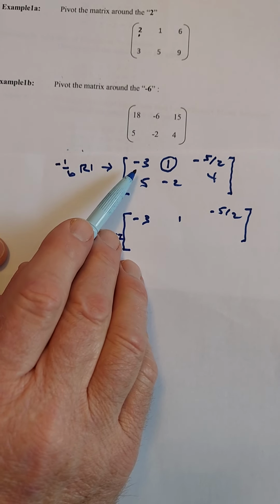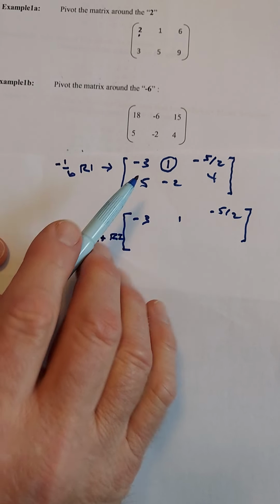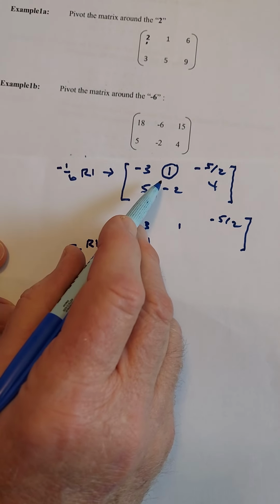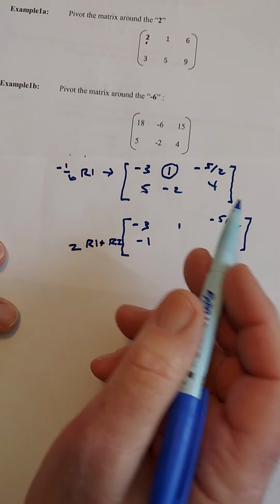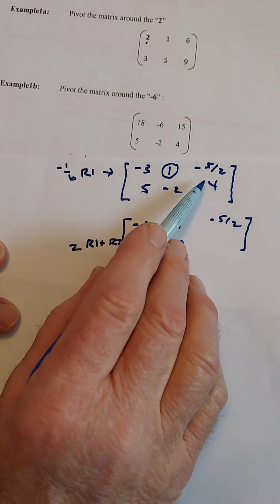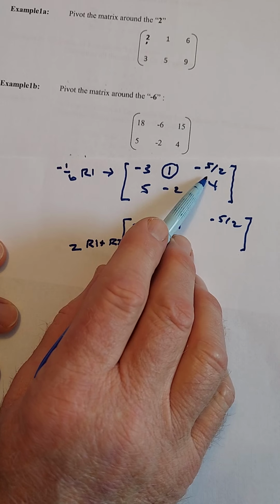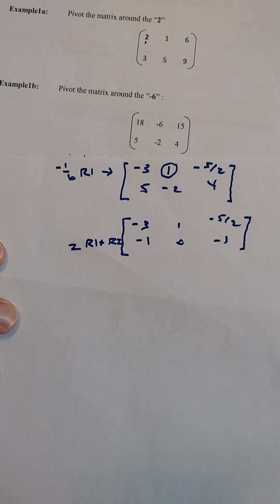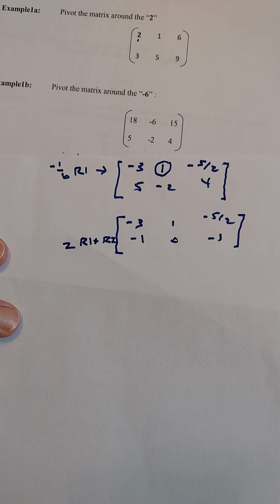So 2 times -3 is -6. -6 plus 5 is -1. 2 times 1 is 2. 2 plus -2 is 0. And 2 times -5/2, the 2's drop out. That's -5. -5 plus 4 is -1. And that's all you have to do.